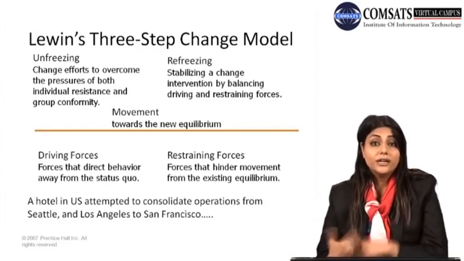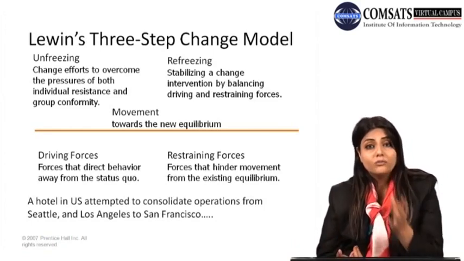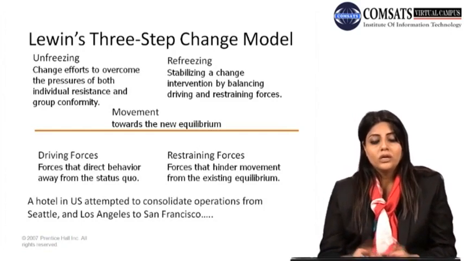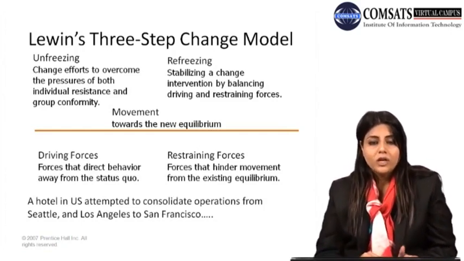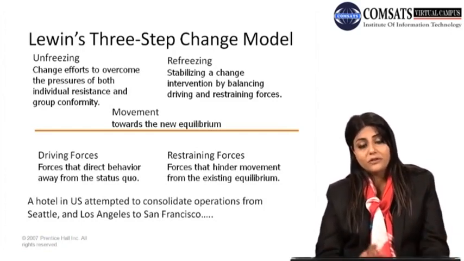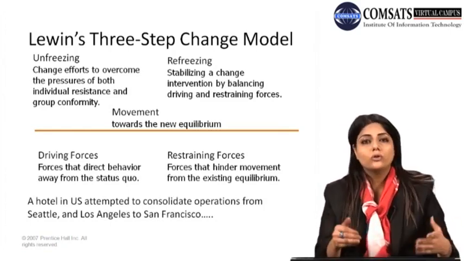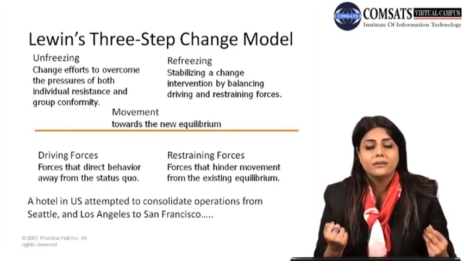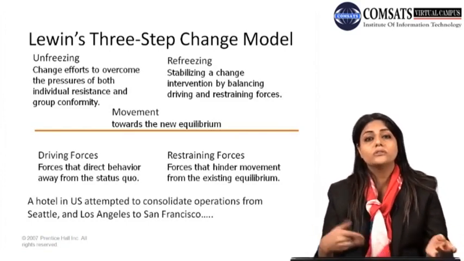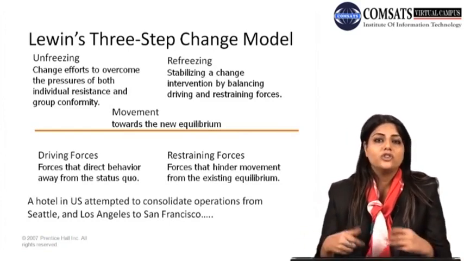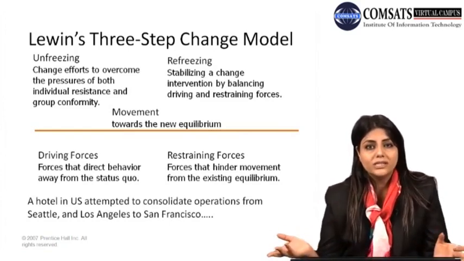So this change required the movement of around 150 employees from those two units to San Francisco. That was a big challenge for this company. So how did it unfreeze in the first stage? It called all those 150 employees, and the managers had meetings with them, listening to their restraining forces, such as their children going to schools in those cities, right?